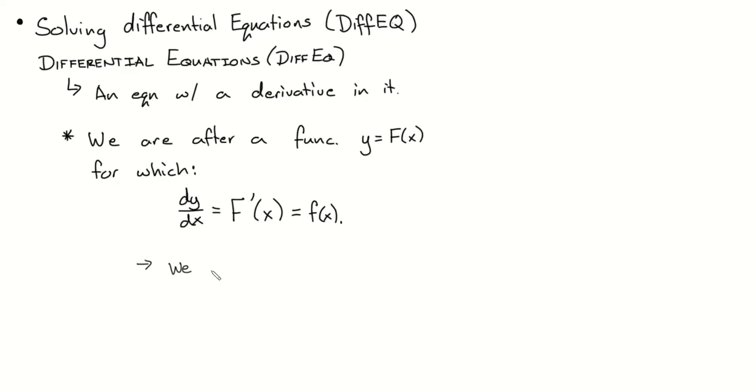We want a function, I'm going to call this cap F, whose derivative is lowercase f of x. That's what we're after. So we're trying to figure out the connection between how something changes and what equation we used to figure out how it was changing. That's the connection we're making.